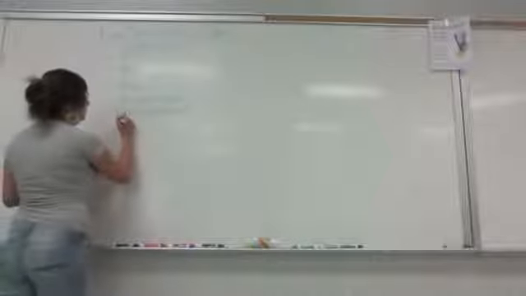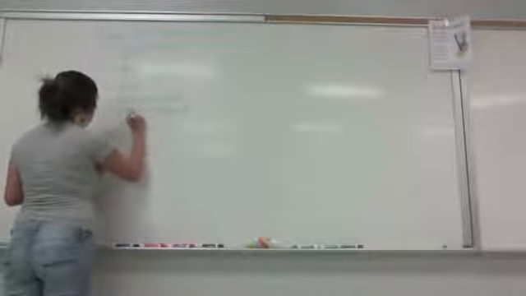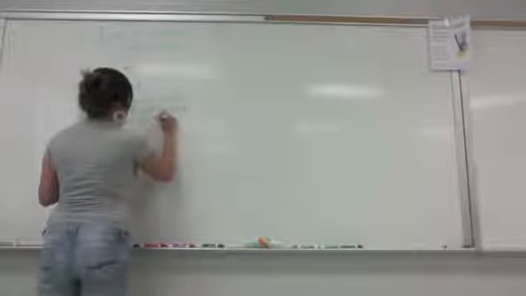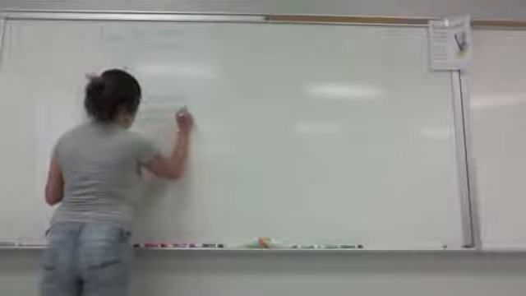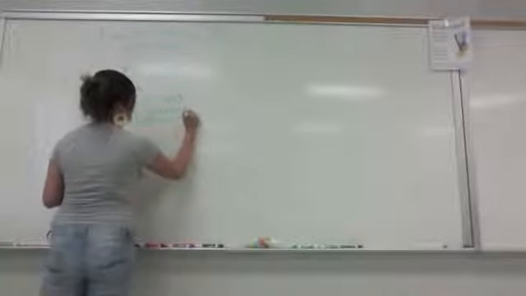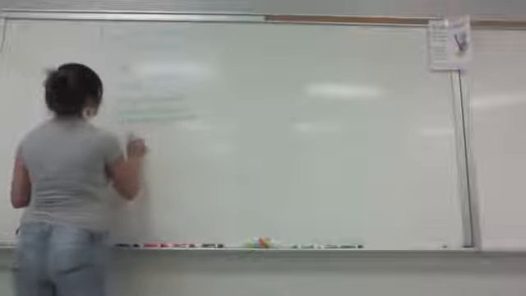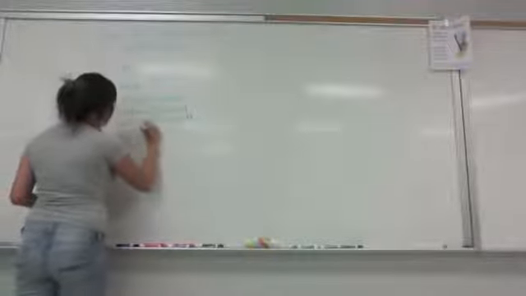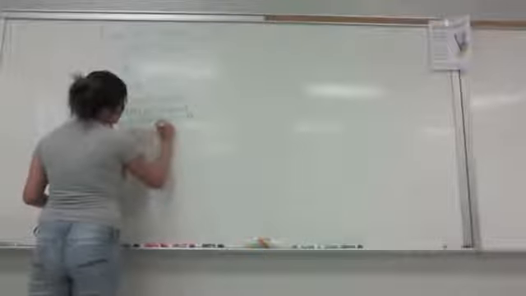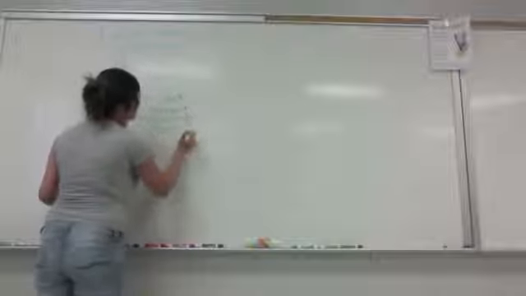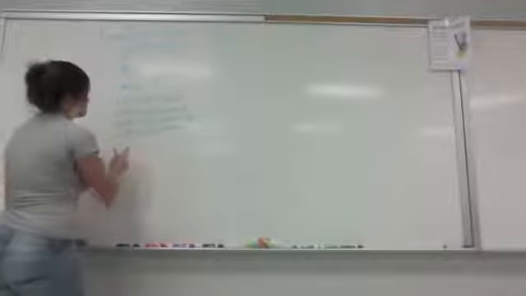Then we're going to use 2 cubed plus 2 squared minus 2 plus 2, which equals 12. That's not one of our numbers, so now we're going to use negative 2 cubed plus negative 2 squared minus negative 2 plus 2 equals 0. So we found our 0, so negative 2 is our 0.